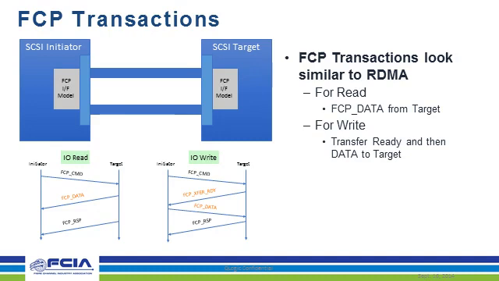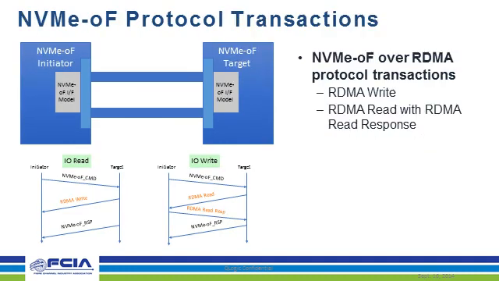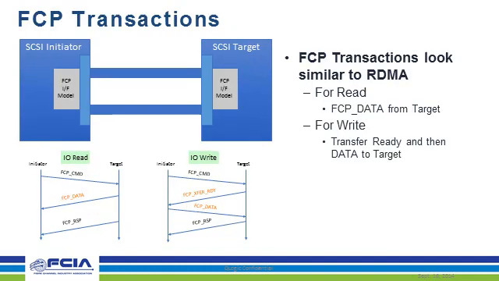And then another thing to look at is the transactions on the wire. If you look at the ladder diagram on the bottom, those are the transactions that take place for FCP data, and the next slide contains the data transactions for RDMA. If you look at them, even though the names have changed, the transactions are the same.